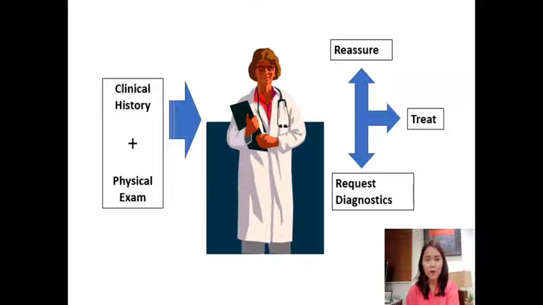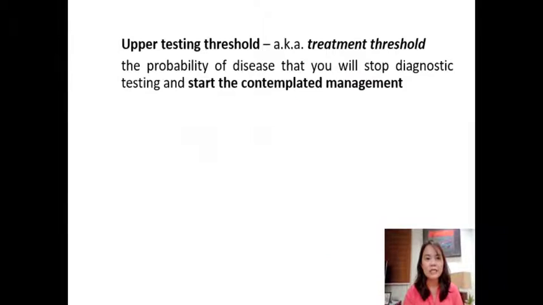Now let's transform what happens in the clinics into what we call thresholds and probabilities, because after all, this is an EBM course. So the first thing that we have to learn is setting the upper testing threshold. This is also called your treatment threshold. This is the probability of disease at which you will stop diagnostic testing and start the contemplated management.